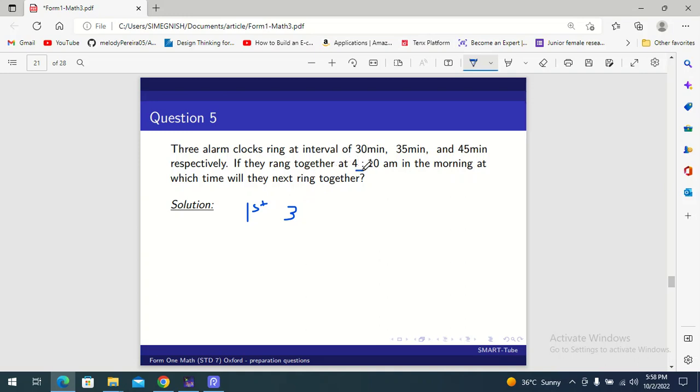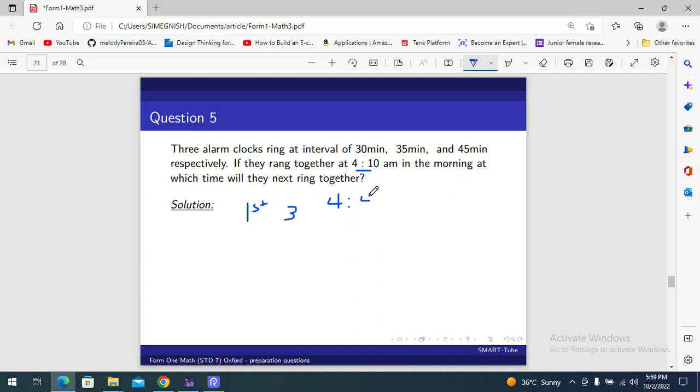If they start together, and this is the starting time, 10 past 4, the second ring of the first clock would be when we add 30 minutes.